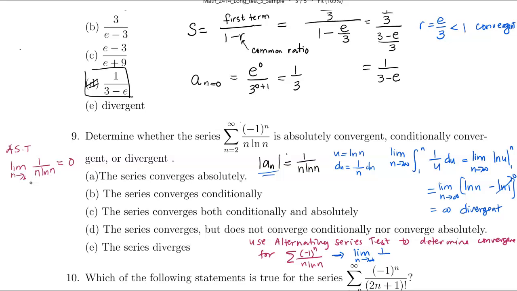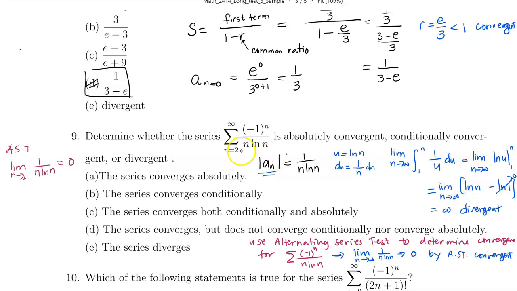You just have to take the limit of a sub n without the negative 1 to the n, and let n approach infinity, and this approaches 0 because the denominator approaches infinity. Constant over infinity approaches 0. So if it is 0, we know from the alternating series test that it is convergent. So by the alternating series test, this is convergent because we got a 0.